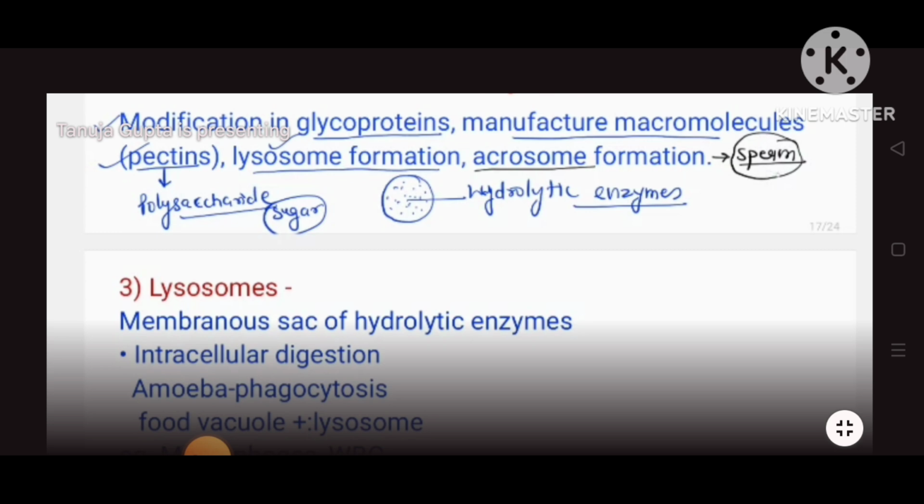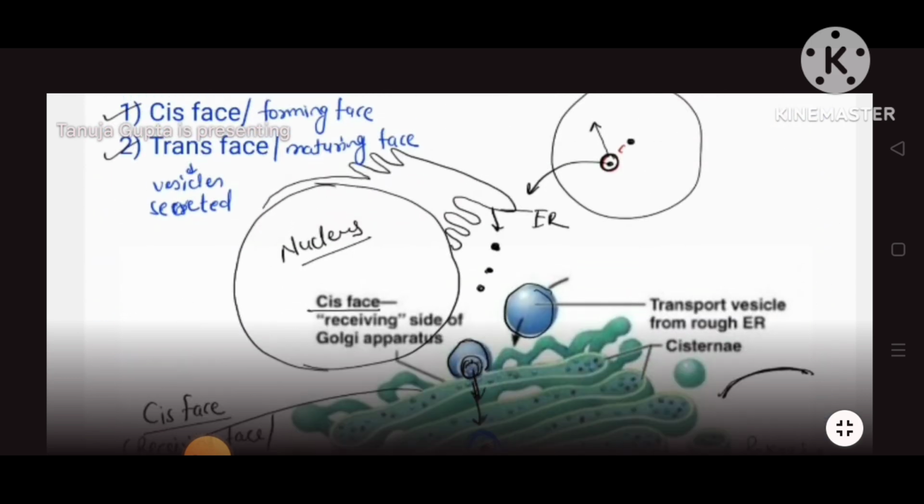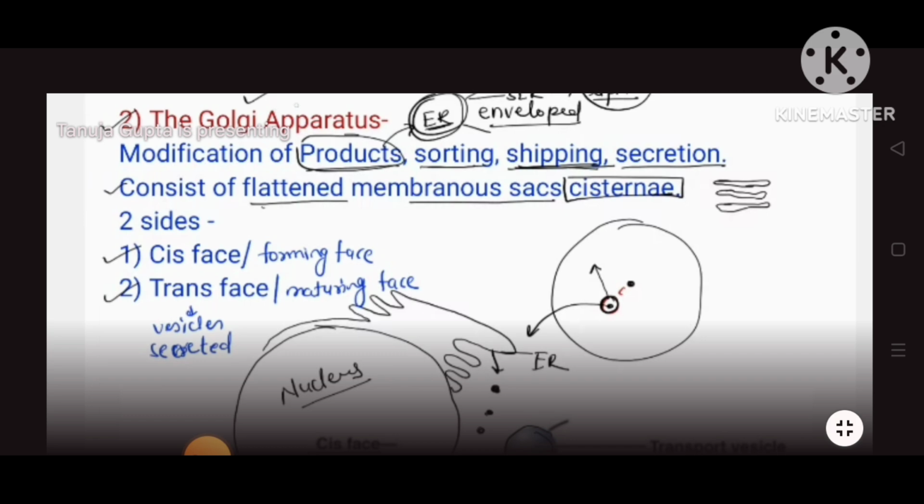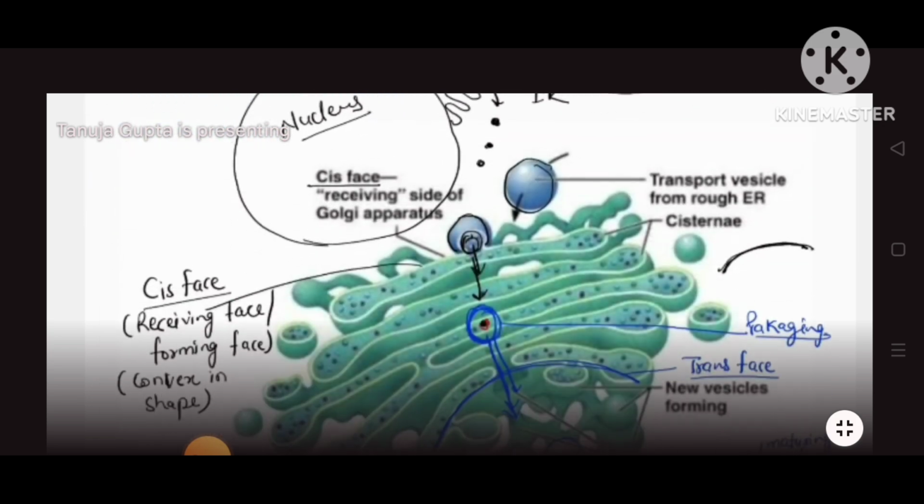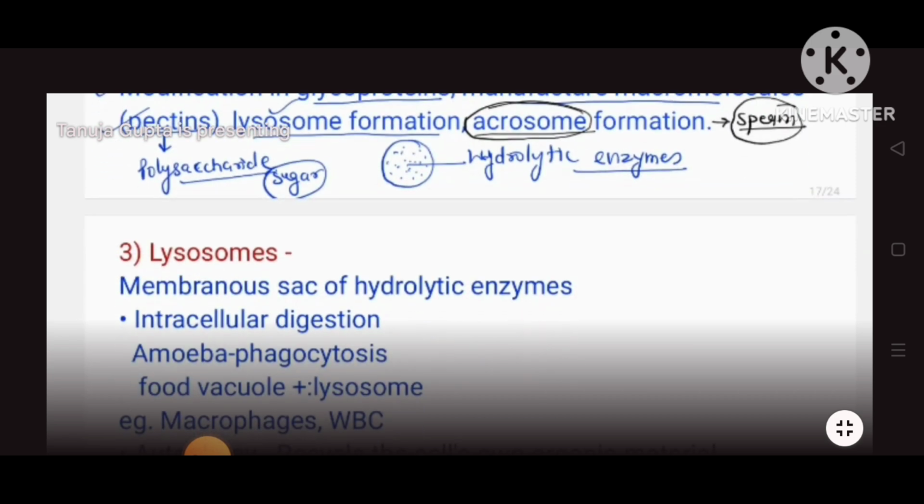So in sperm there is a structure which is called acrosome. This acrosome is also formed by the Golgi apparatus. So just remember this one, that acrosome is formed by the Golgi bodies. Okay, one more thing, we also call it a Golgi body. We can write Golgi body as well, or we can say Golgi apparatus. Okay, got it?